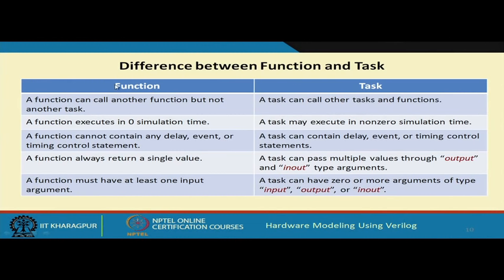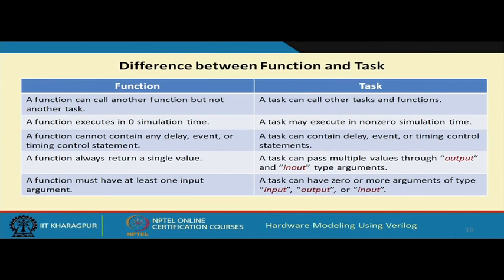Now, let us look at the difference between a function and a task. So, what are the main differences, and where can you use a function and where can you use a task. Let us see this table. First, a function can call another function, but a function cannot call a task.